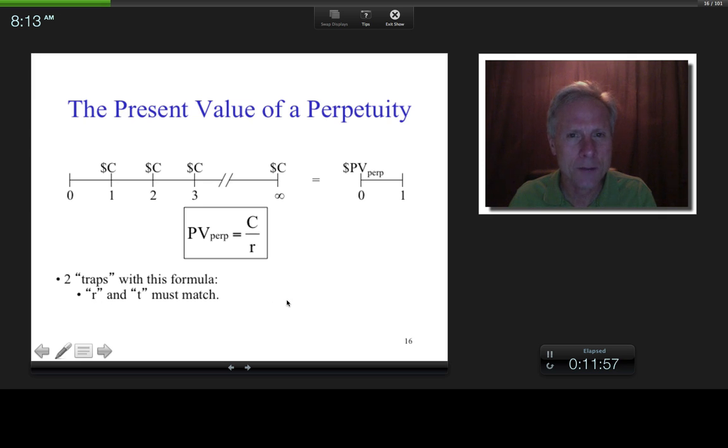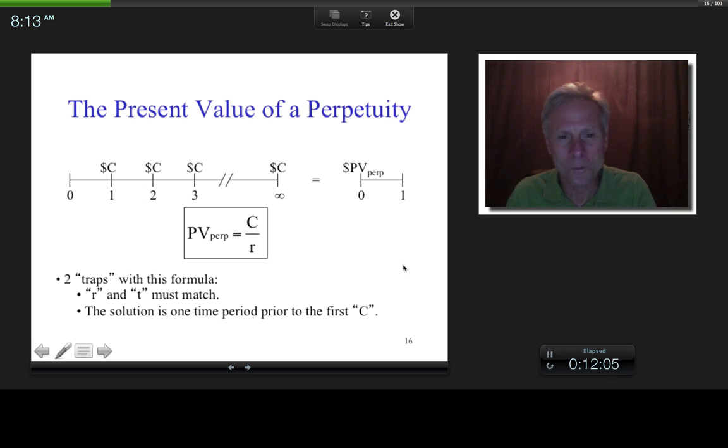And what do you think the other trap is? Well, the solution is 1 period prior to the first C. Now, why is that the case? And why do you not need to memorize that? Well, you're not memorizing that because you've derived it. But why is that the case?